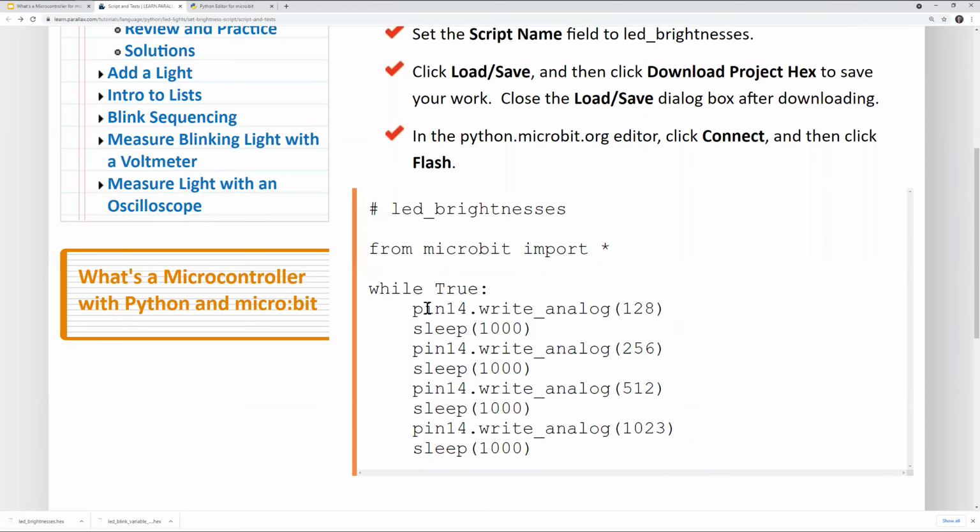Okay, so write analog causes the IO pin to send an on-off signal 50 times a second.